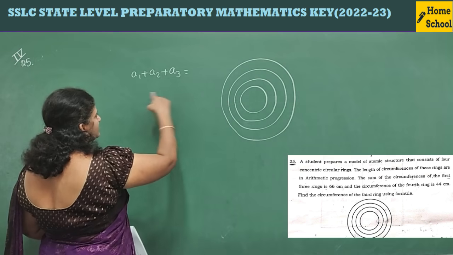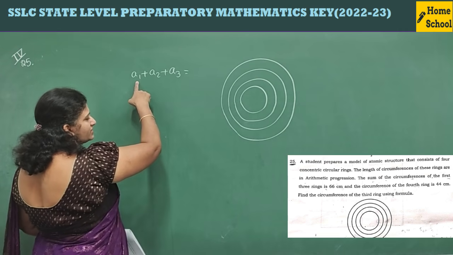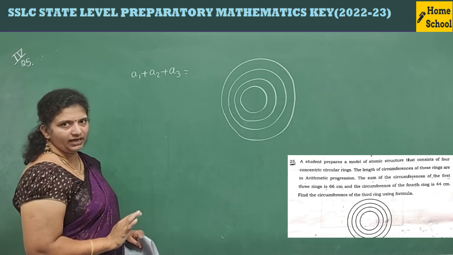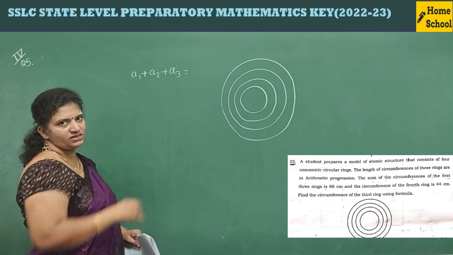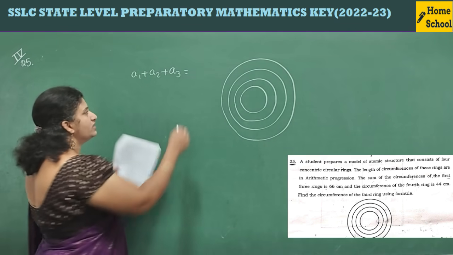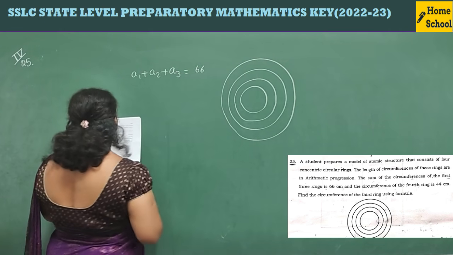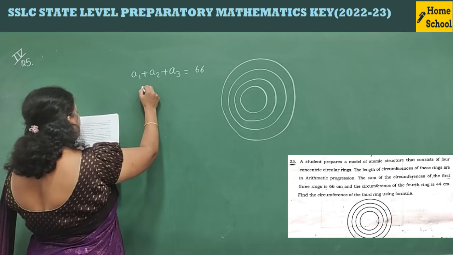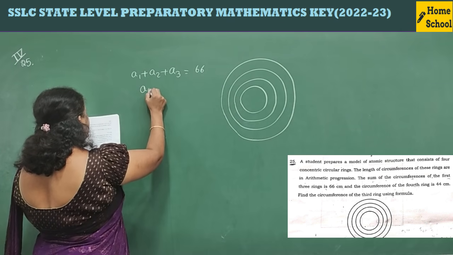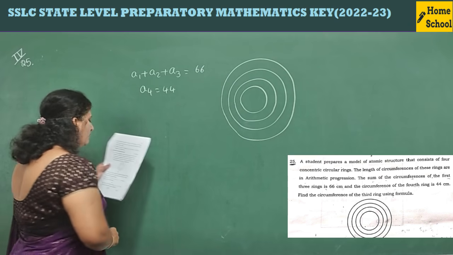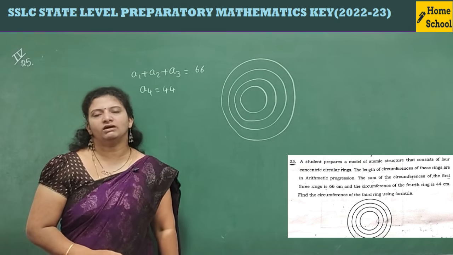Sum of the first 3 rings. A1 circumference of the first ring, A2 circumference of the second ring, A3 circumference of the third ring. Sum is how much? 66 centimeter. And the circumference of the fourth ring, that is A4, is equal to 44 centimeter.